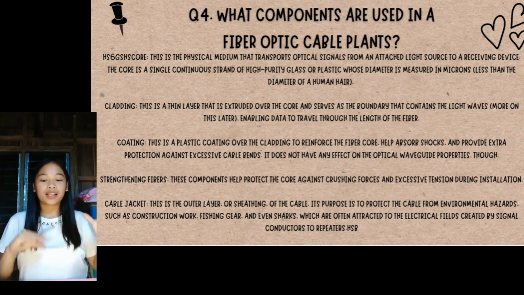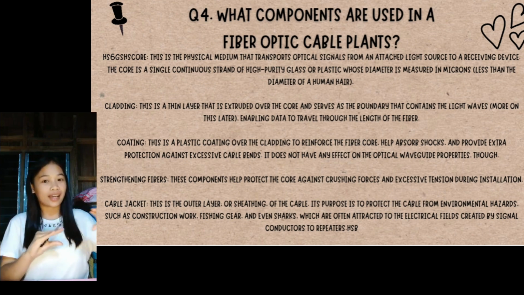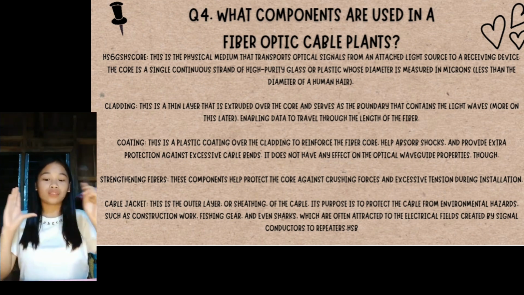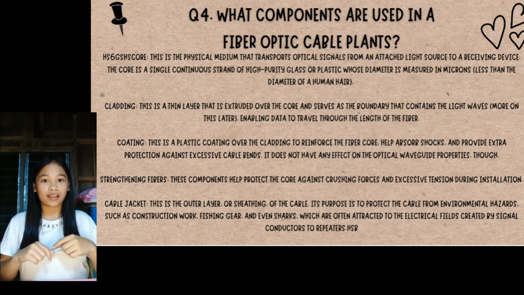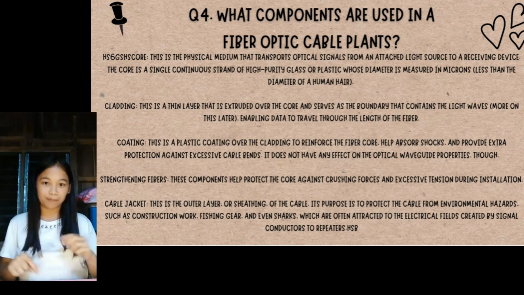The purpose of the cladding is to keep the light in the core, and it is also the boundary of the core that makes the light travel through the length of the fiber.